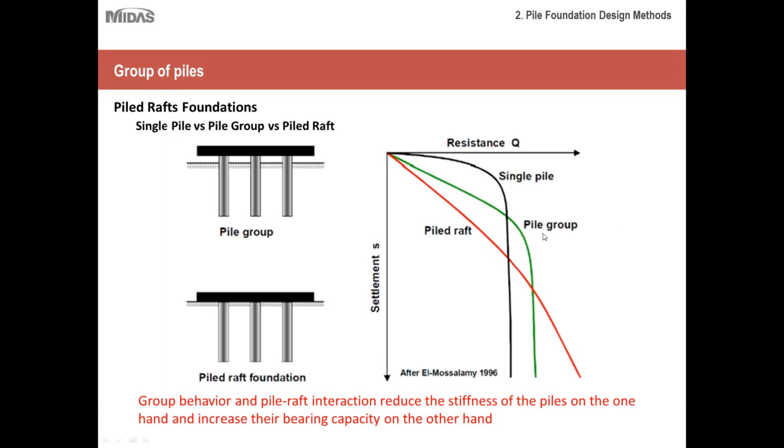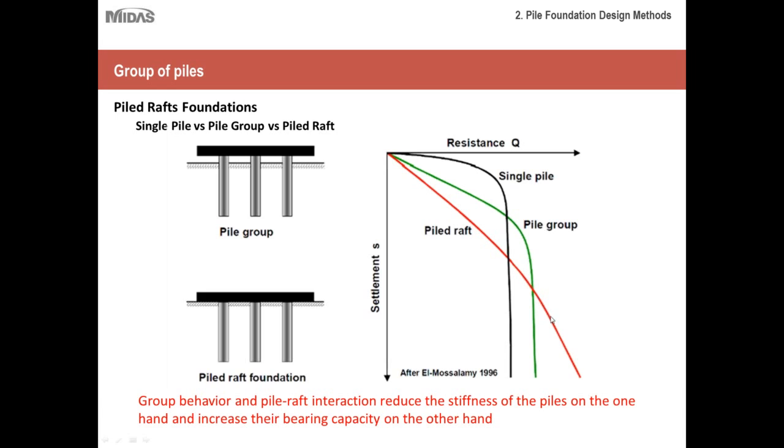Then we have the pile group effect, which shows relatively better behavior because the stiffness has gone down, and it can resist more loads, obviously because there are more piles underneath now. But still, beyond a certain limit, you see the same uprooting failure. But contrary to all this, if we see the pile raft behavior, we see that the stiffness has gone down because there are several pile elements, so it's a more flexible system.